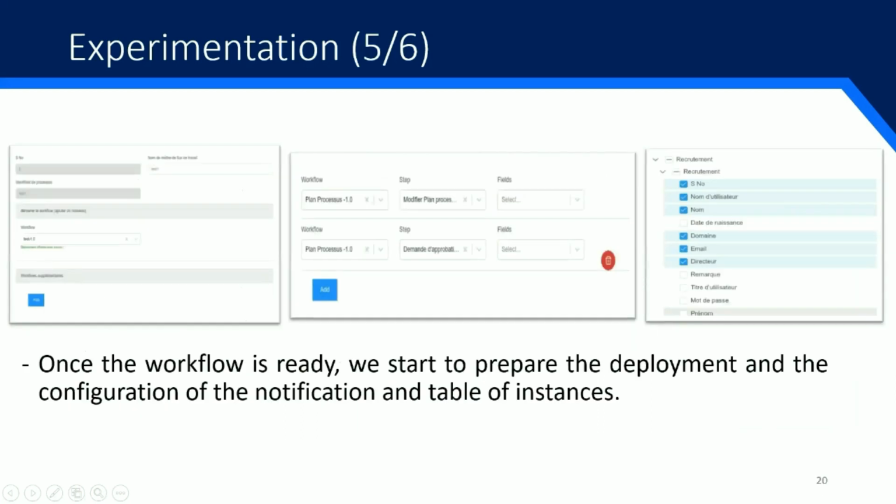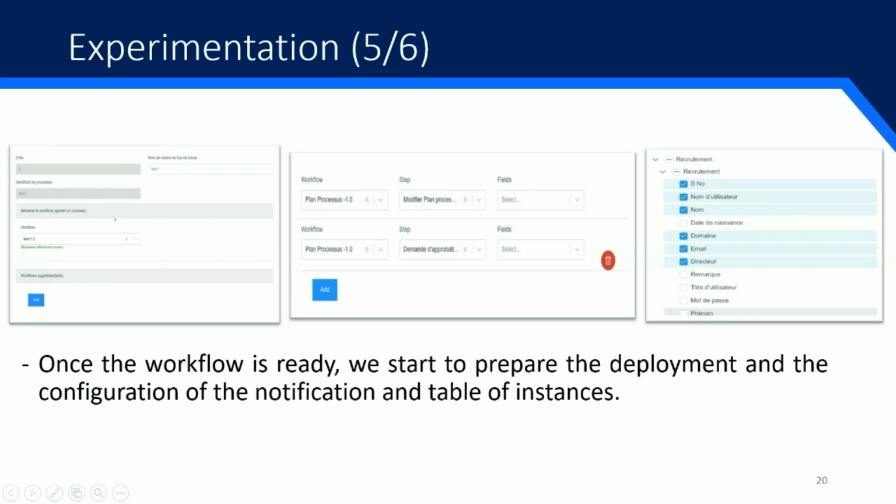Once the workflow is ready, we start to prepare the deployment and the configuration of the notification and table of instances. At the beginning, we start by adding the workflow here. We see a small green notification which shows that the workflow has been deployed successfully. And we identify the name of the menu that will provide access to this specific workflow.